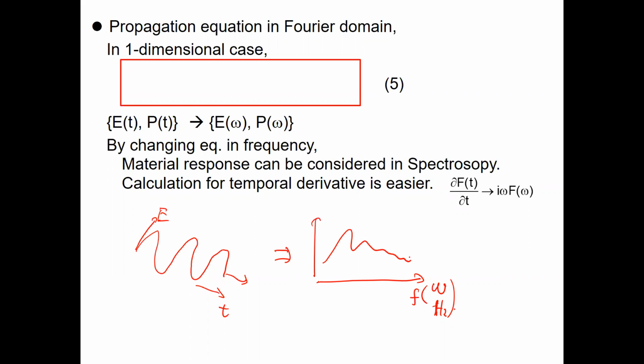So in many cases, it is very useful if you consider the equation in the frequency domain. To change the real-time domain to the frequency domain, you can simply transform the response to the frequency response by using Fourier transform.